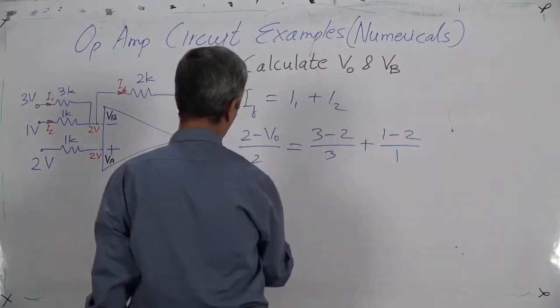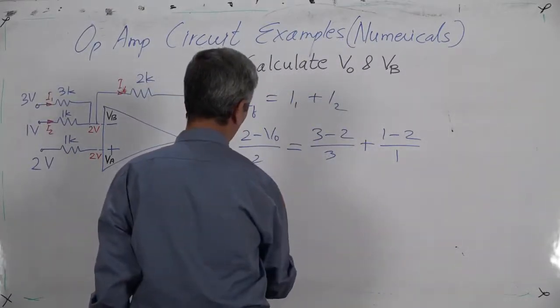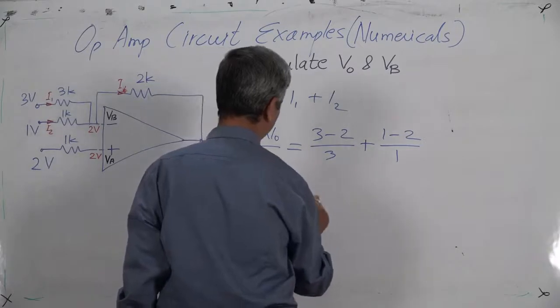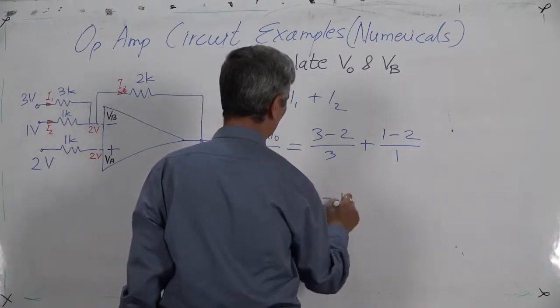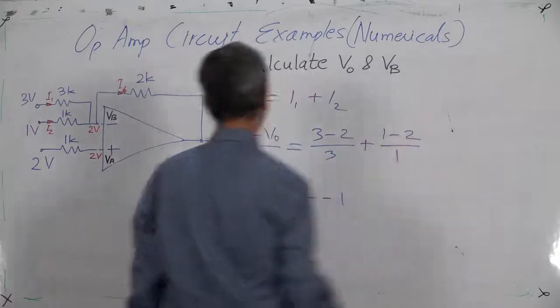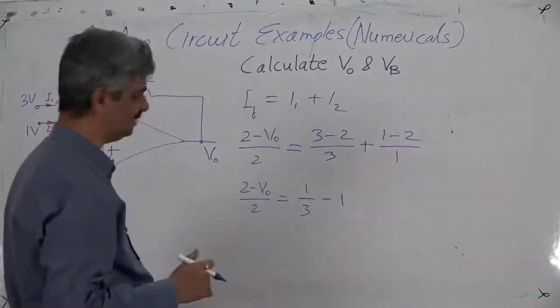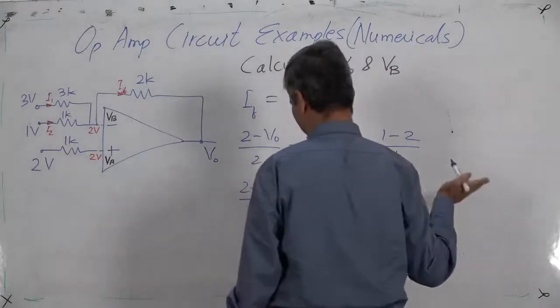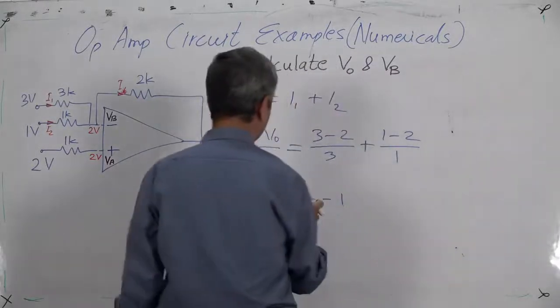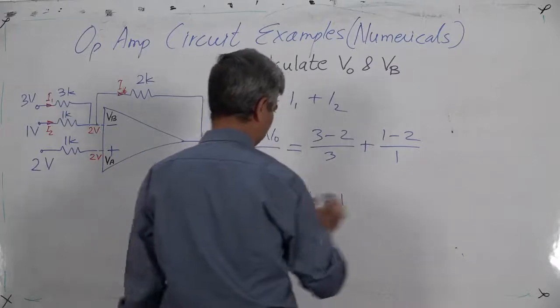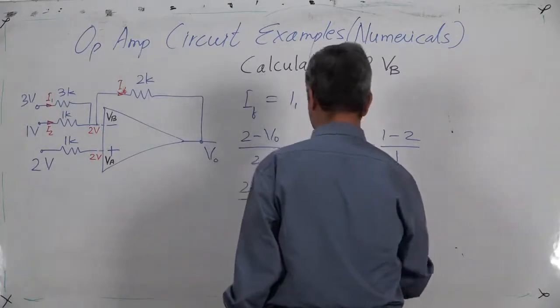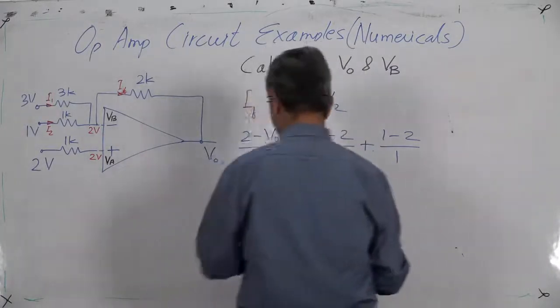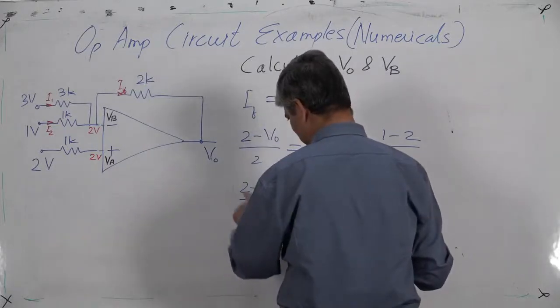I rewrite again: 2 minus VO upon 2 is equal to 1 upon 3 minus 1. I think it is a high school level problem. Multiplying everything by 6, a better way to get rid of the denominator.